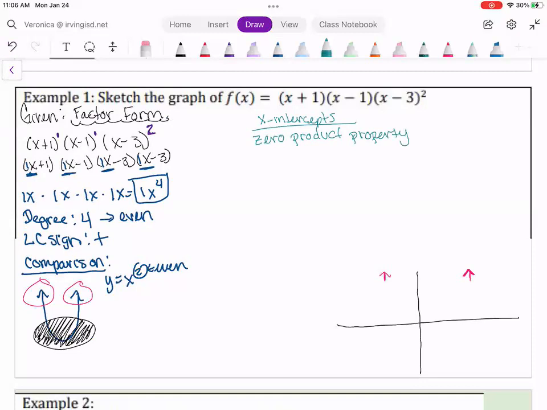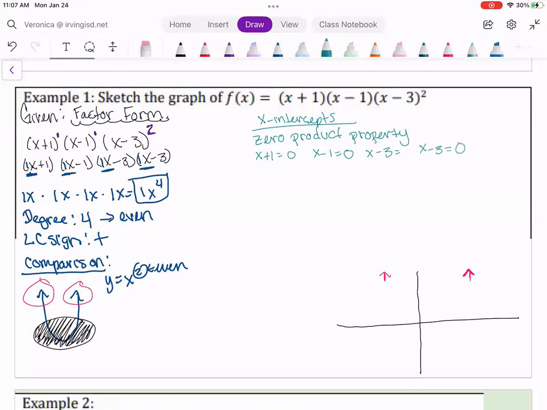Okay, so what are we going to do? We're going to grab all of our factors. So we have x plus 1 equals 0. We have x minus 1 equals 0. And then it's up to you if you want to put x minus 3 squared equals 0. Regardless, I'm going to go on ahead and write both of them out because I want to emphasize a point.